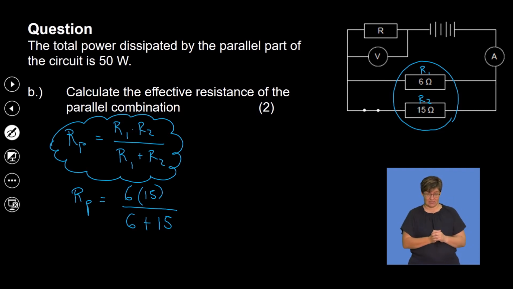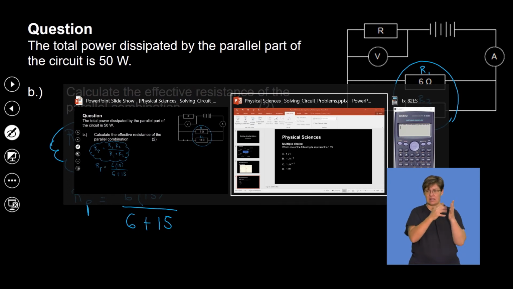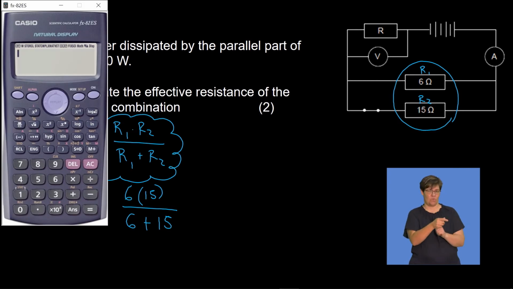So if we go to our calculator, we have a fraction: R1 is 6 times 15, and at the denominator is the sum of those two, 6 plus 15. Our effective resistance is 30 over 7, which gives us 4,29 ohms.